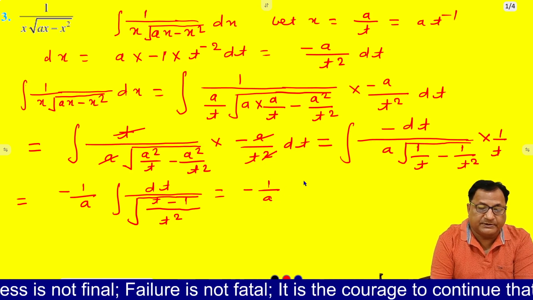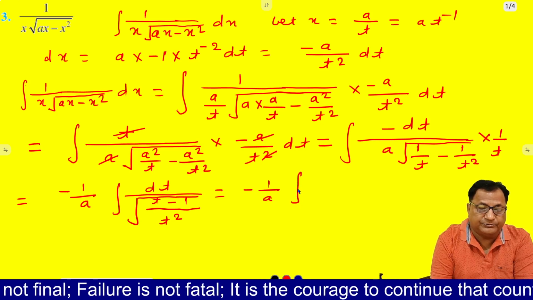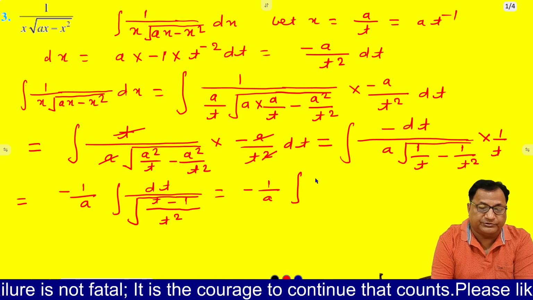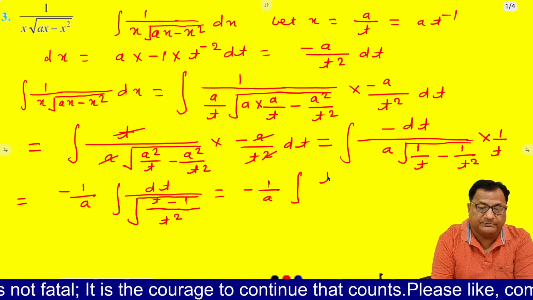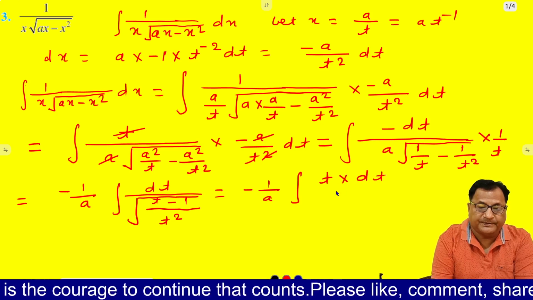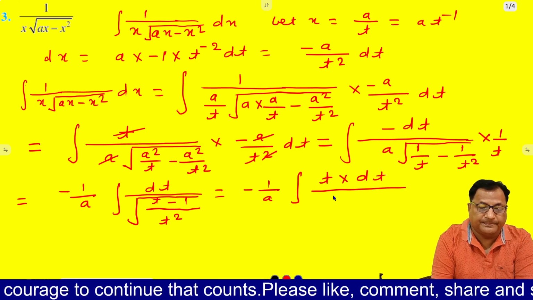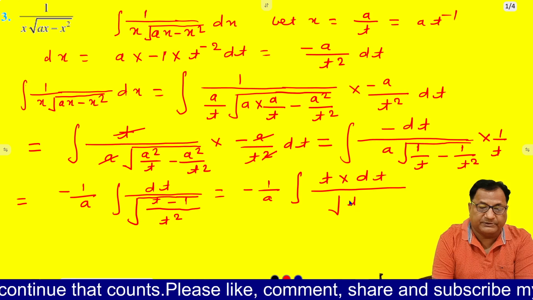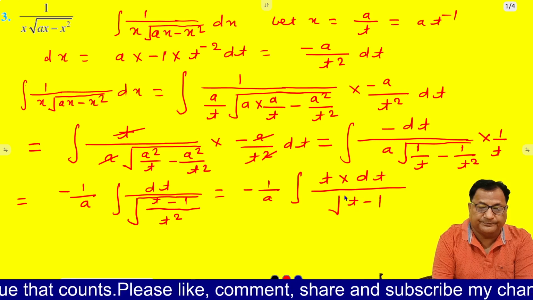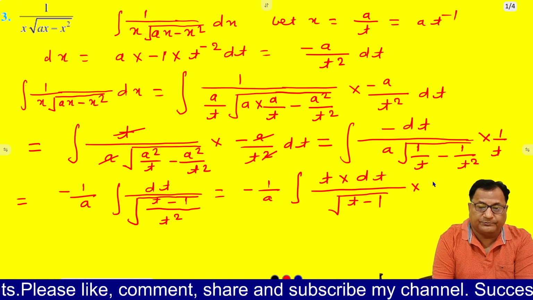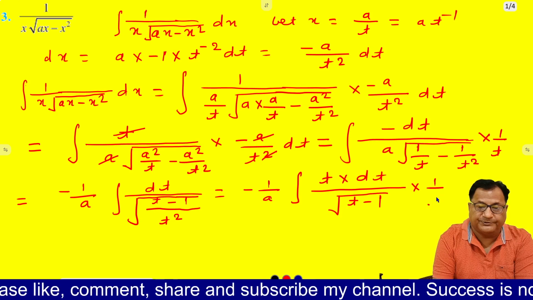The square root of t square will be t, t will go up, then it will be t into t divided by t square root of t minus 1, into 1 by t.